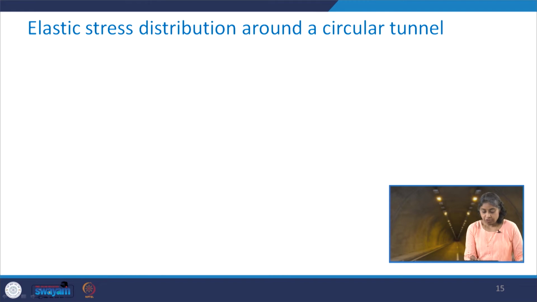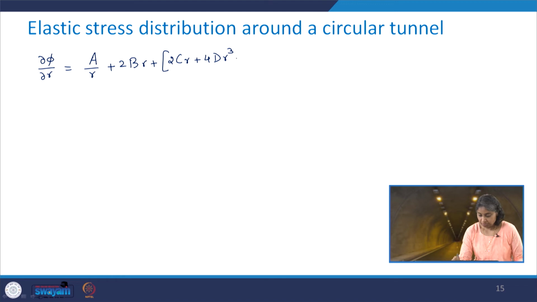So, here del phi del r is going to be, now that you have the expression for phi in terms of r and theta, a by r plus 2br plus 2cr plus 4dr cube minus 2e r to the power minus 3 into cos of 2 theta.